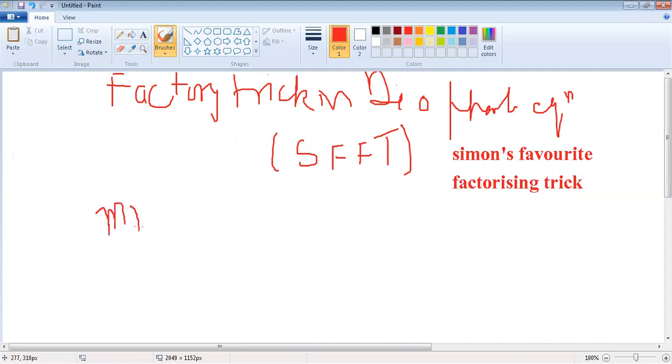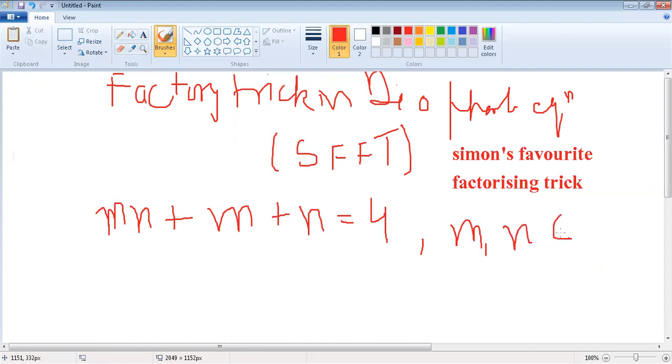Now this is a very simple problem, not from any competition or anything. It says that m and n are positive integers. Positive integers. That means they belong to I plus, and we have to find all possible m and n.